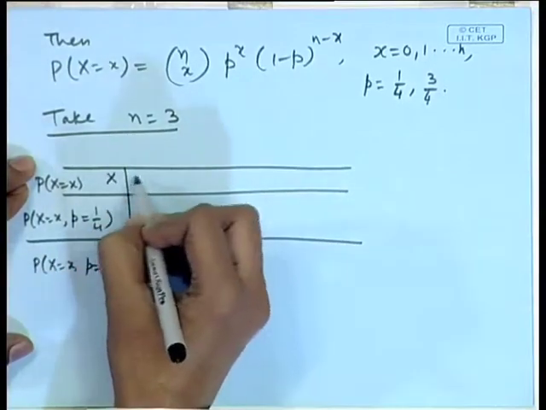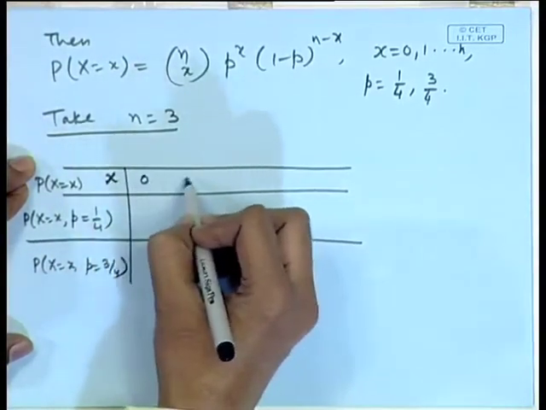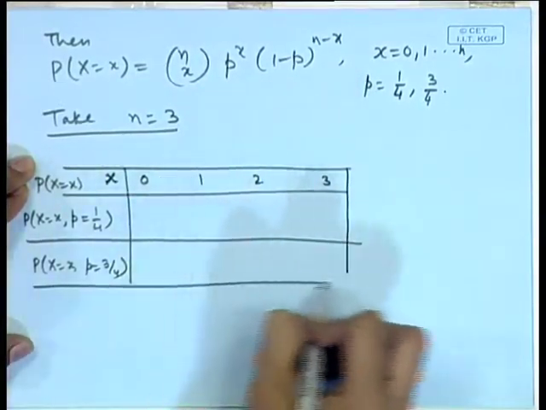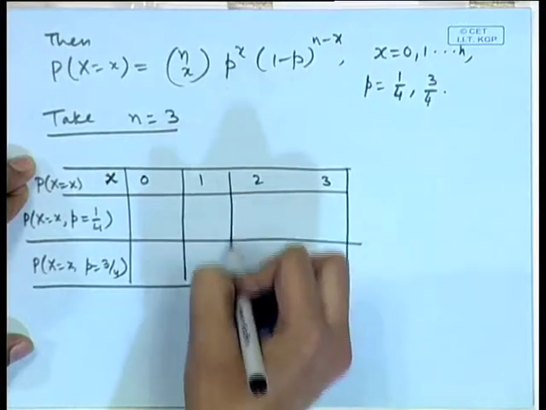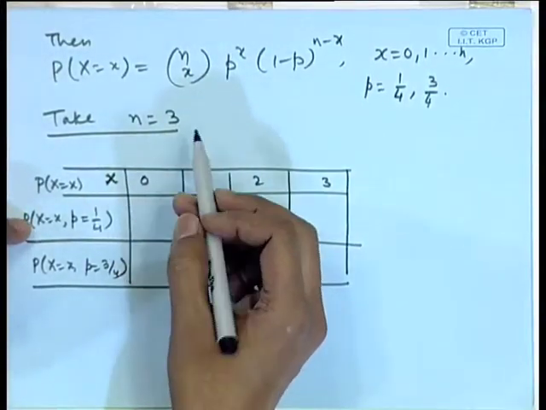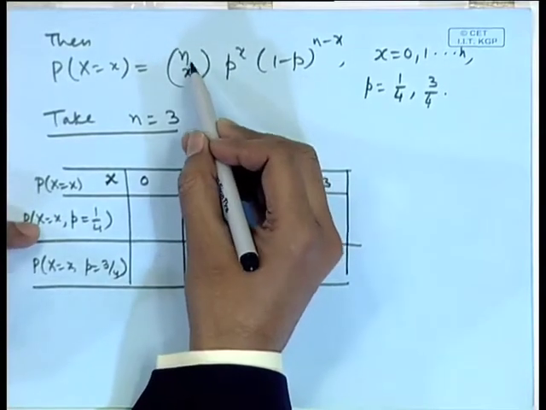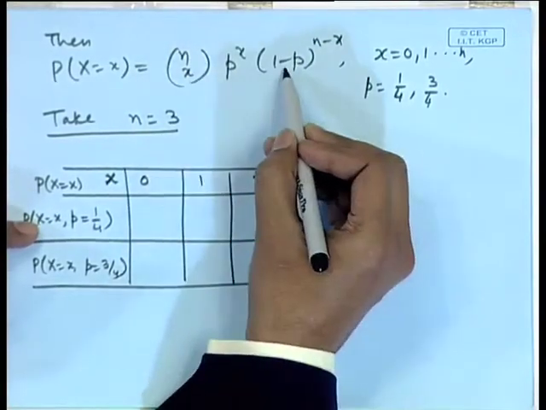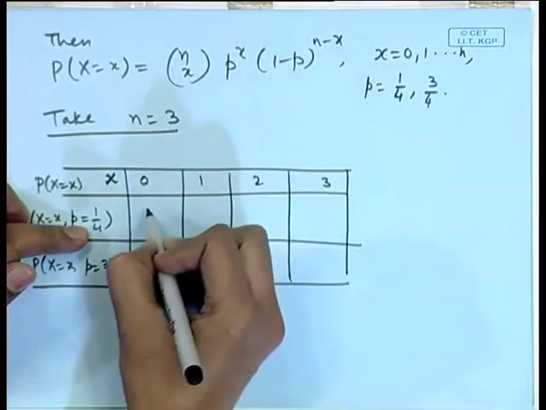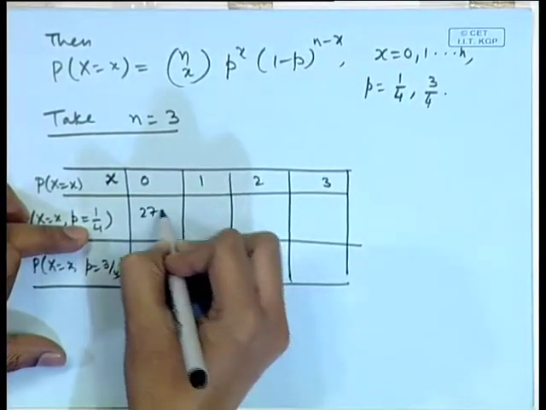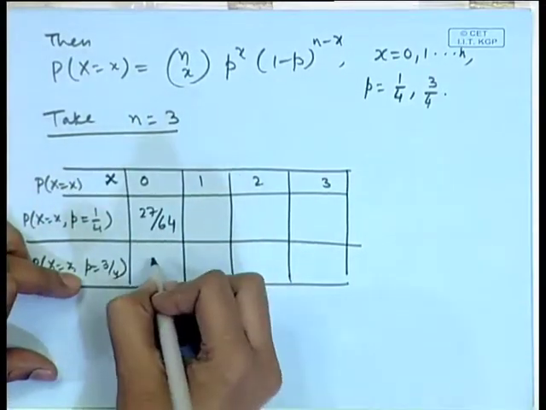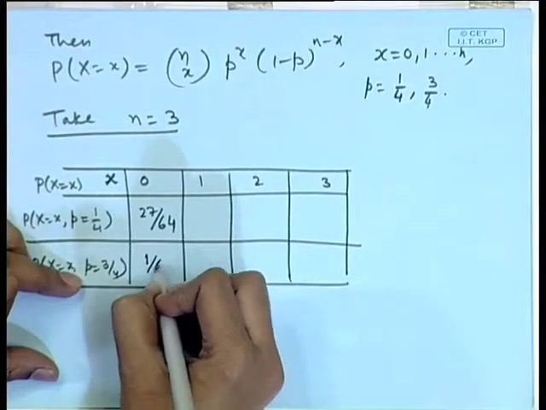And on this side let us take the various values of x. X can take values 0, 1, 2 and 3. Since n is equal to 3, what is the probability that X equal to 0? That will be equal to (1 minus p) cube. So, if p is equal to 1 by 4, it is simply (3 by 4) cube, that is 27 by 64. When p is equal to 3 by 4, (1 minus p) cube becomes (1 by 4) cube, that is 1 by 64.